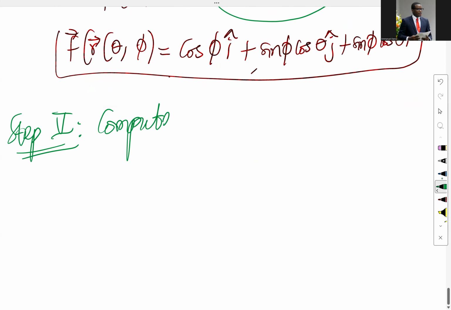Remember the formula itself. Don't forget that this is actually F dot r_u cross r_v, or in this case, r_theta cross r_phi, then with d theta d phi, something like that.